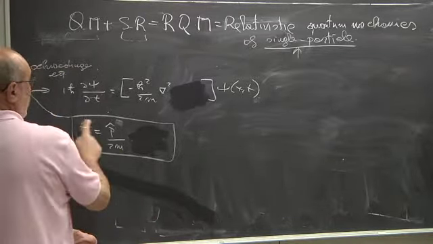This is not the relation we have in the relativistic case. In the relativistic case, if you remember, the relation was the following: E squared over c squared minus p squared equals m0 squared c squared. This was the mass energy relation.